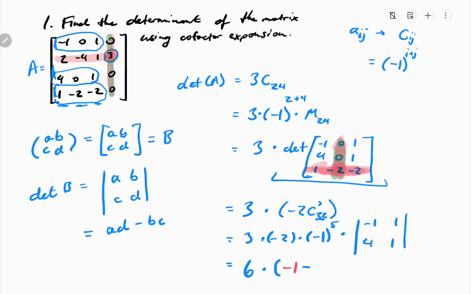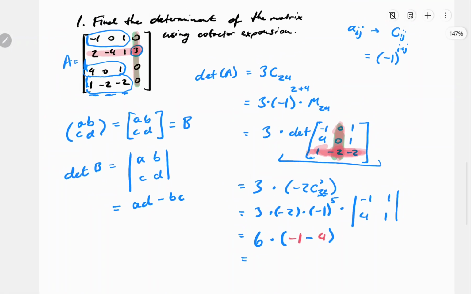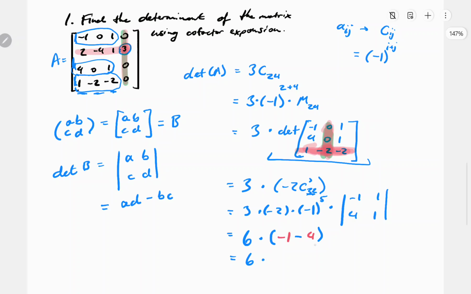So 1 times 4 is 4. So there we have 6 times -5. This gives us a determinant of -30.